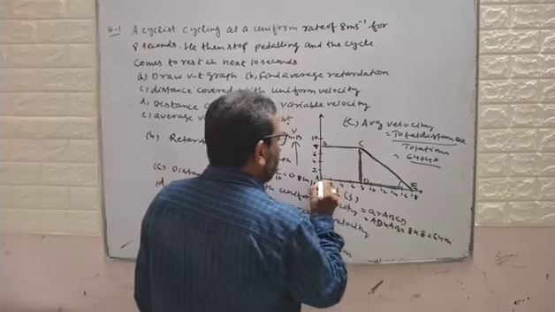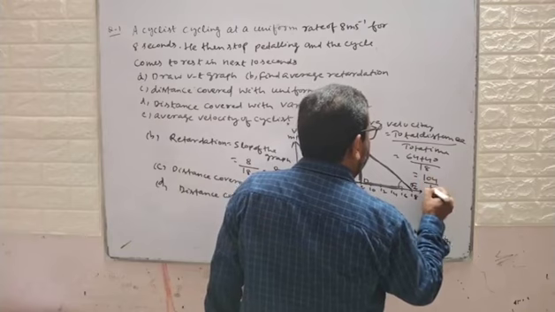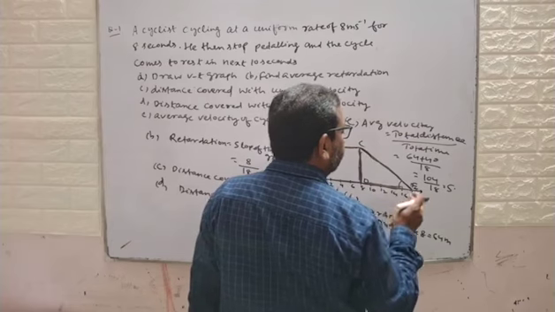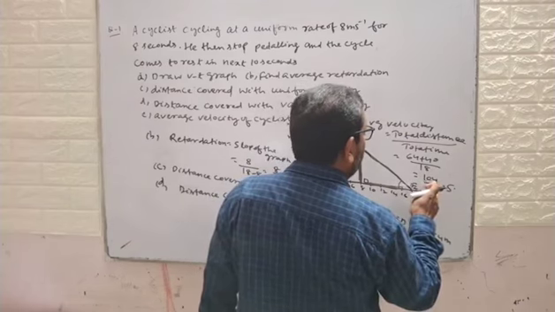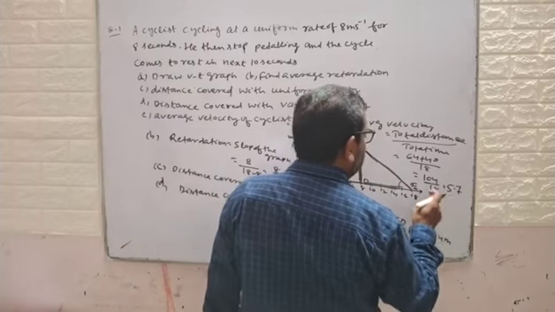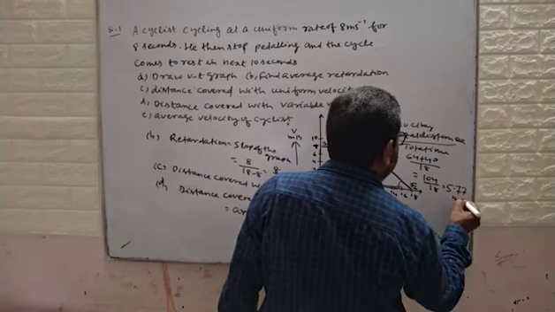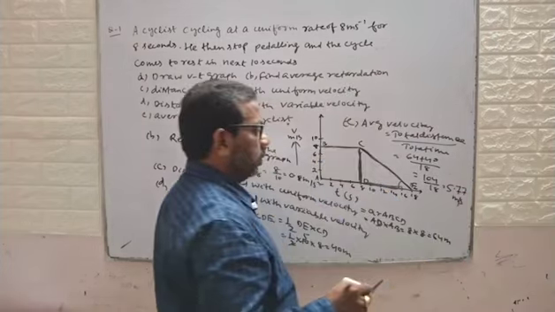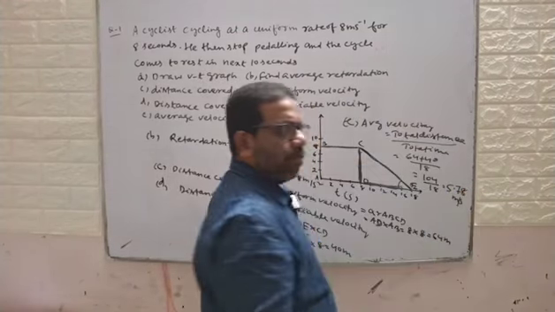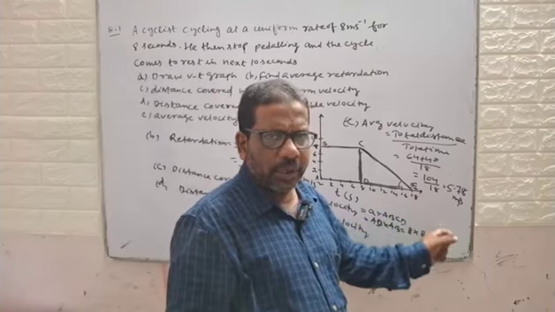And total time 0 to 18 means 18 seconds. 104 by 18. 18 5s are 90. Then 14. 18 7s are 126. 5.77 meter per second. 5.777 to 5.78. 5.78 meter per second. This is the average velocity.